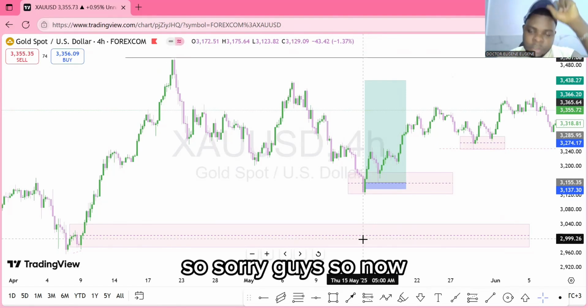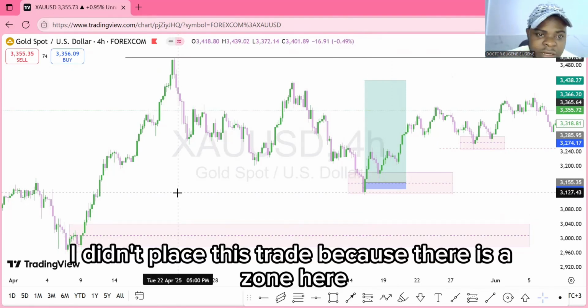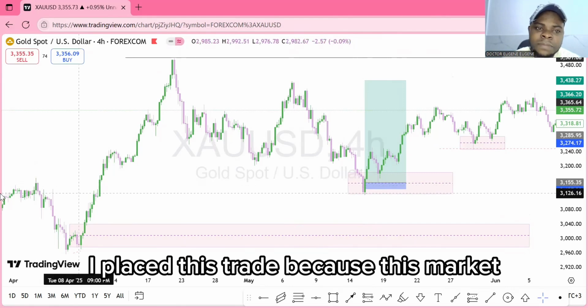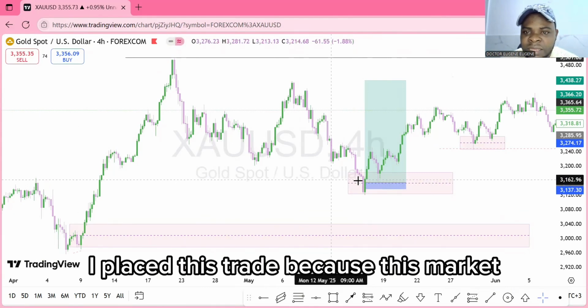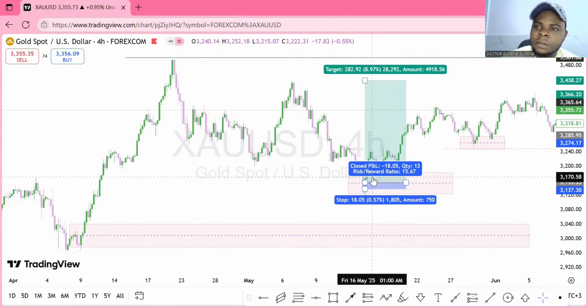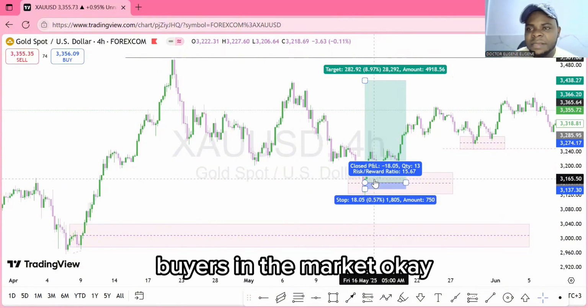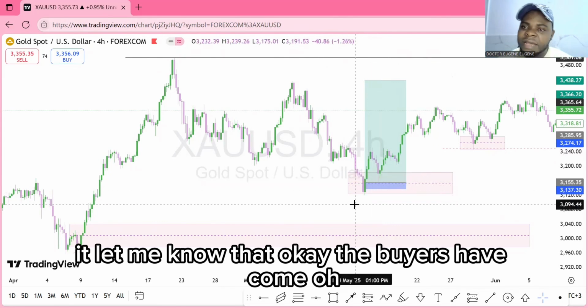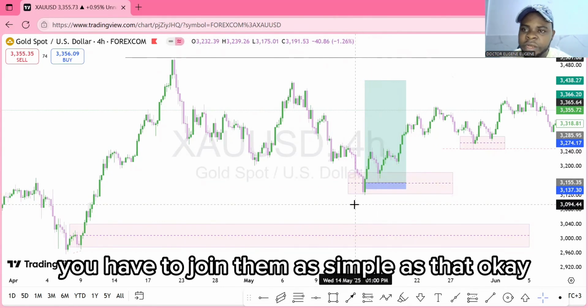So, sorry guys. I didn't place this trade because there is a supply demand zone here. I placed this trade because the market got to this point and showed me a sign of buyers in the market. It let me know that the buyers have come, so you have to join them.